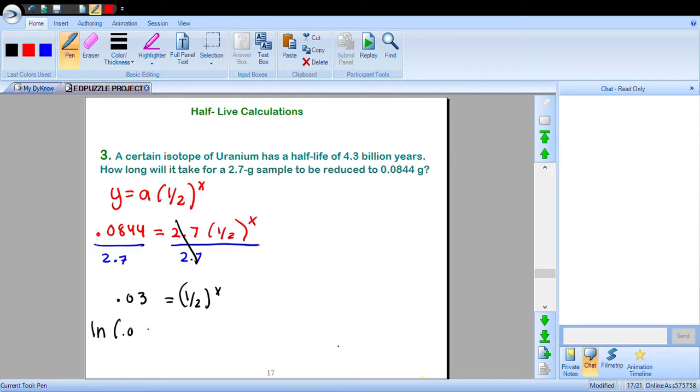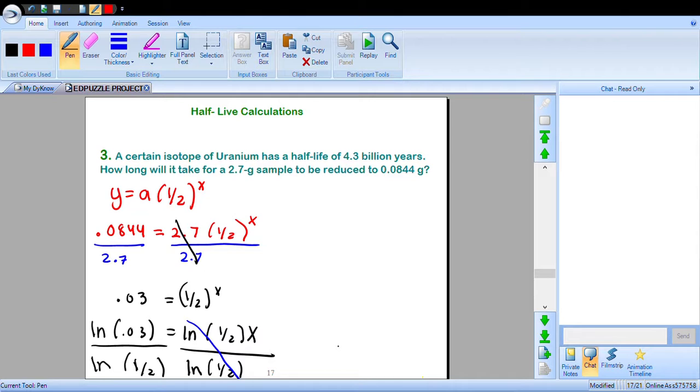So natural log of 0.03 equals natural log of 1/2 to the x. The x is brought down. To get the x alone, we're going to divide by the natural log of 1/2, and we're going to divide this by the natural log of 1/2. So these cancel out. You get x alone, and x equals 5.1.